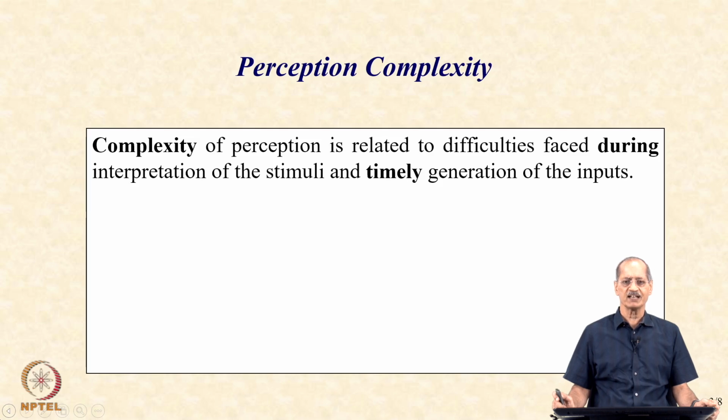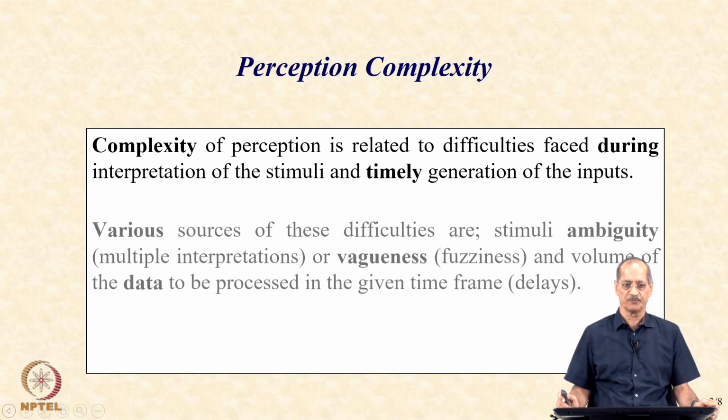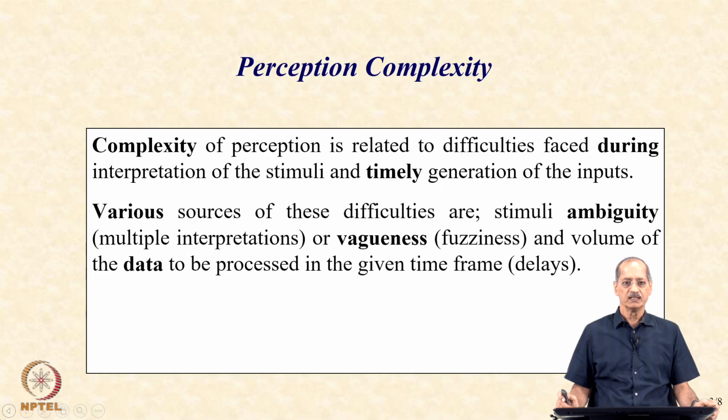But at this point, let us just accept this basic requirement that there will be a requirement on time that we will have to meet in order to complete this task of perception, and that will bring in the perception complexity. And from where do these sources of difficulty arise?